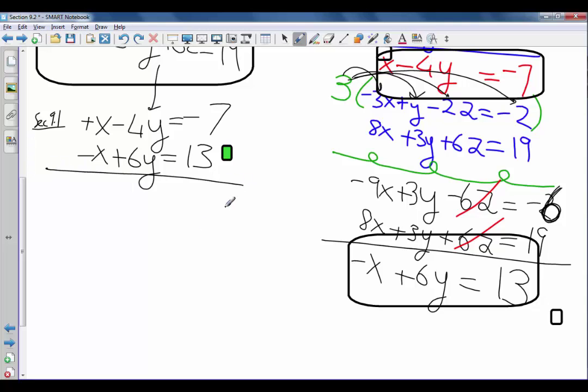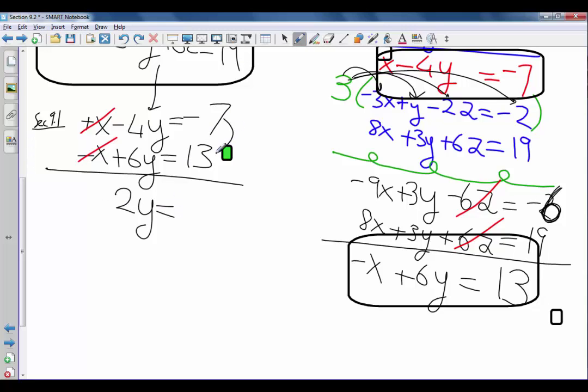Alright, let's add these things. Do we need to multiply both sides by anything? No, they already match. So take that red color of your choice and add things. And I added these: minus 4y plus 6y becomes 2y.